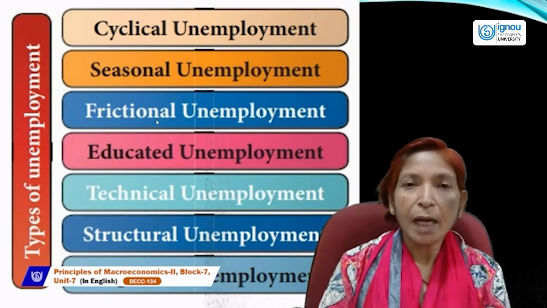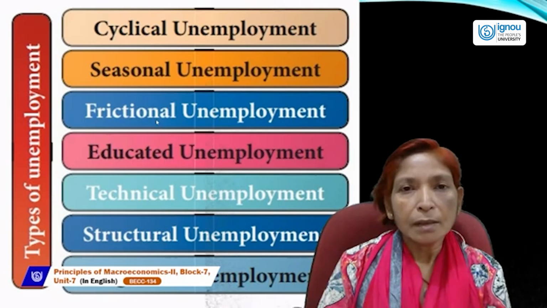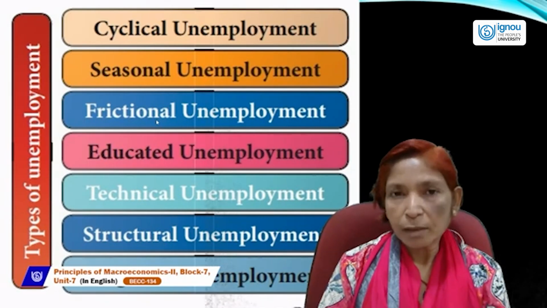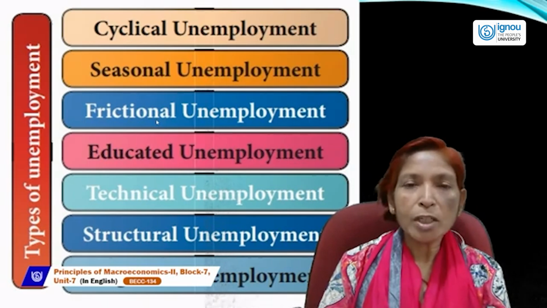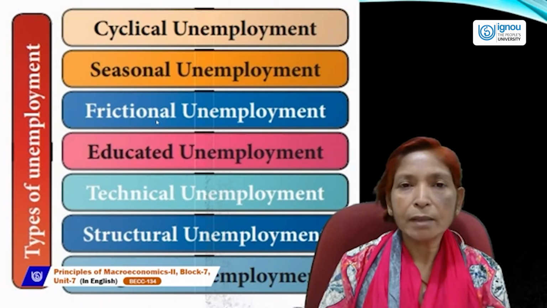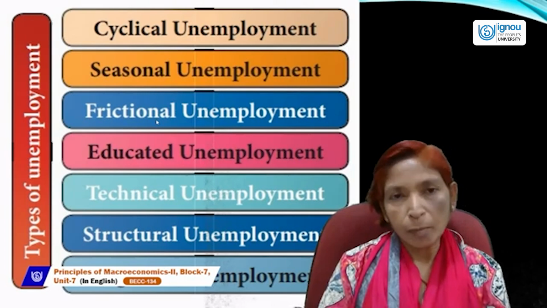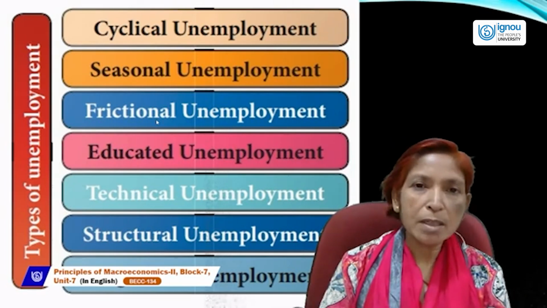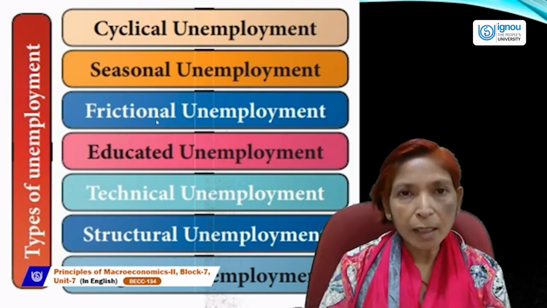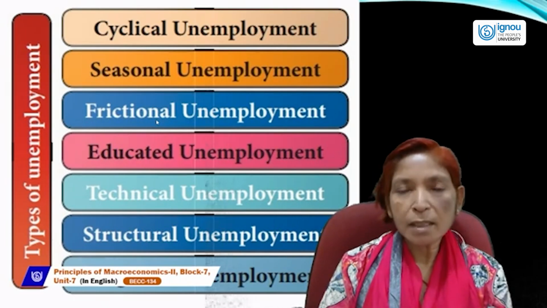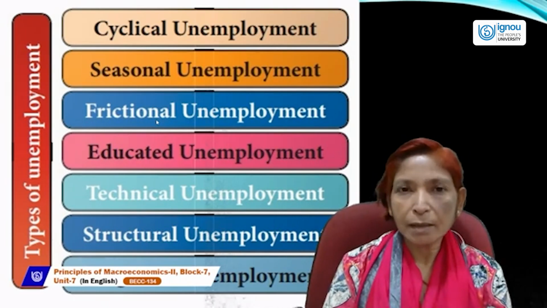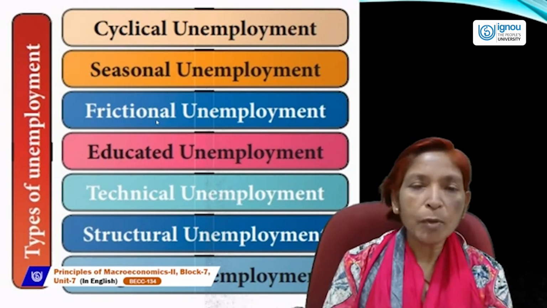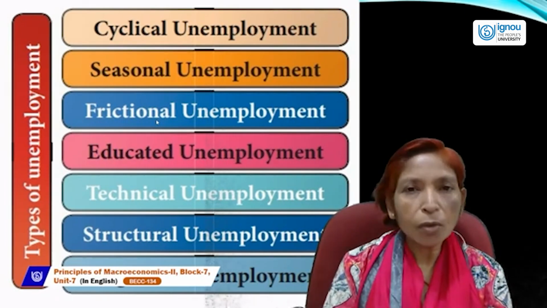It means agriculture has too much labor dependent on it for employment. But disguised unemployment occurs when, if we separate some people from the agriculture sector, their contribution to marginal productivity will be zero.